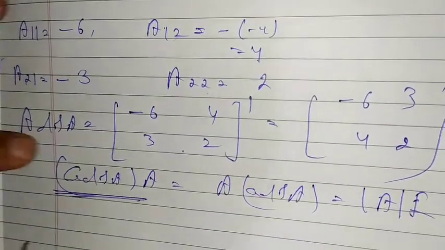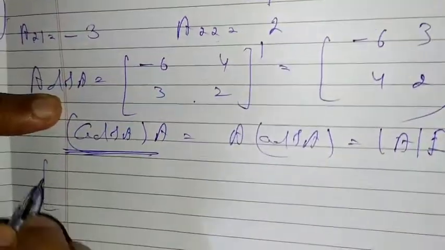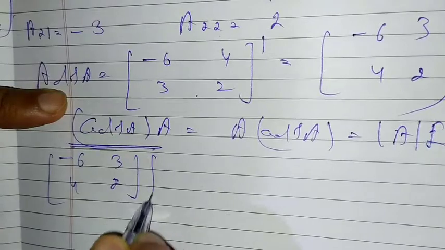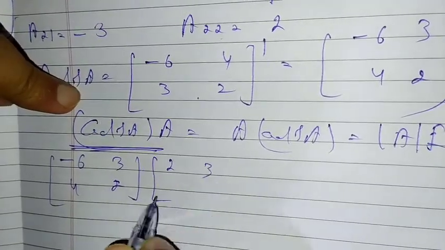We take this side: adjoint of A, minus 6, 3, 4, 2, times A, 2, 3, minus 4, 6.